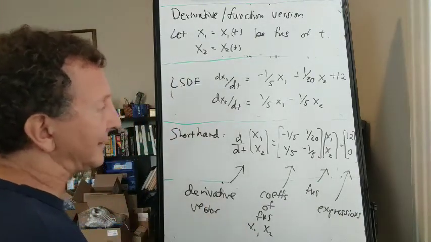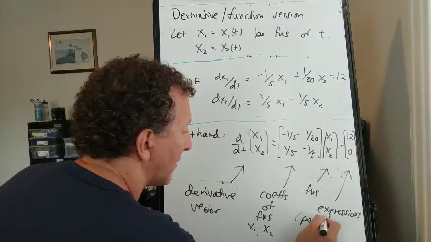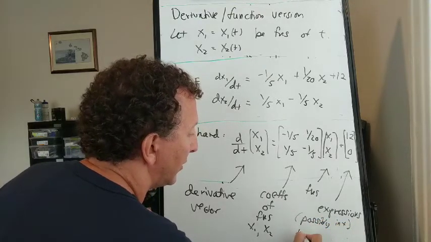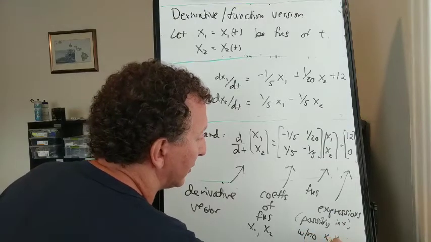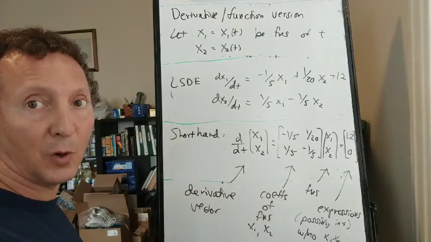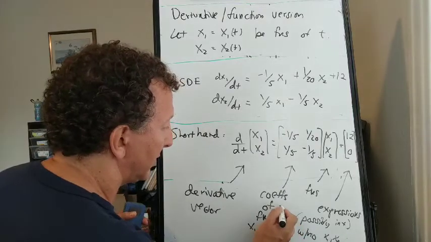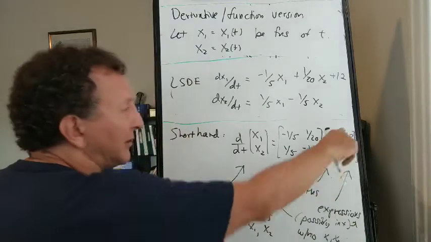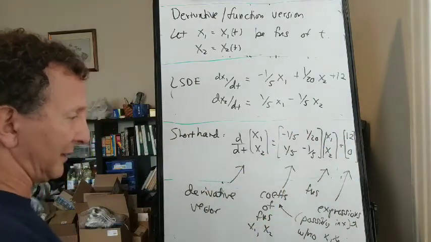Possibly they could contain t, but I didn't put any t's in here. So possibly in t, with no x1 and x2. And these coefficients of the functions x1 and x2 also could possibly contain t.